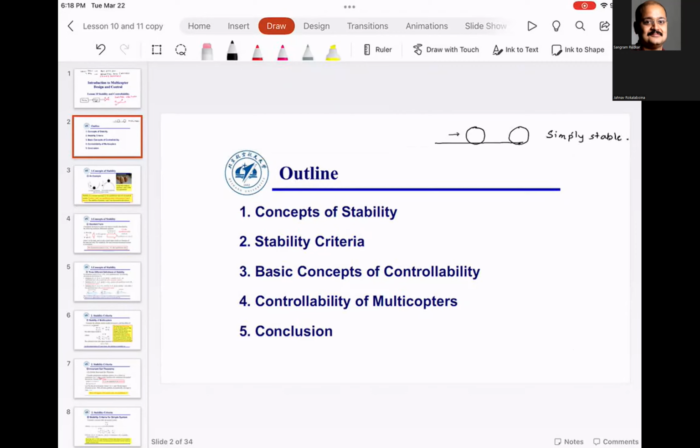The next one is asymptotic stability, which means it's sort of a ball that rolls and finally gets down to the position of least potential energy. So this is called asymptotically stable.